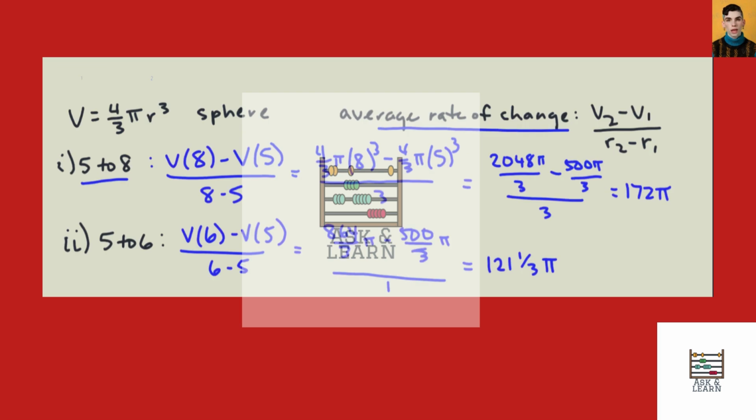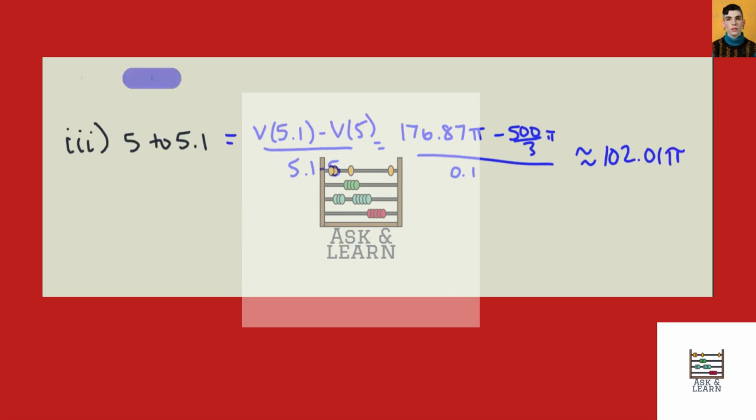And that's approximately 102.01 pi. So the thing to notice here is that as our interval gets smaller and smaller and we're getting closer and closer in toward r equals 5, we're getting closer and closer to 100 pi. So that's what part B is all about. In part B, we actually find the instantaneous rate of change at 5. So let's start by finding the derivative of the function.